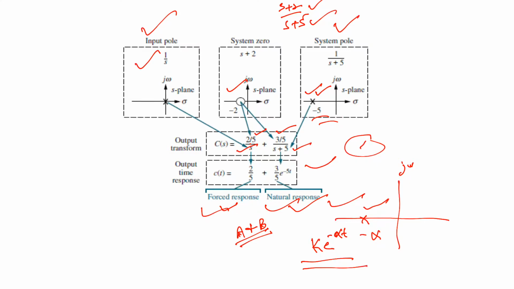So from this we can learn the art of writing the response by inspection: each pole of the system transfer function that is on the real axis generates an exponential response, which is a component of the natural response, and the input pole also generates the forced response.